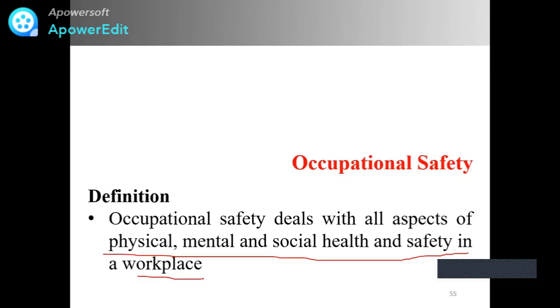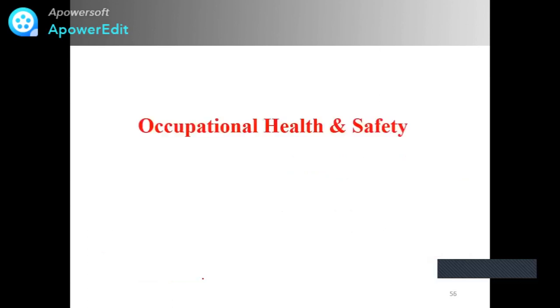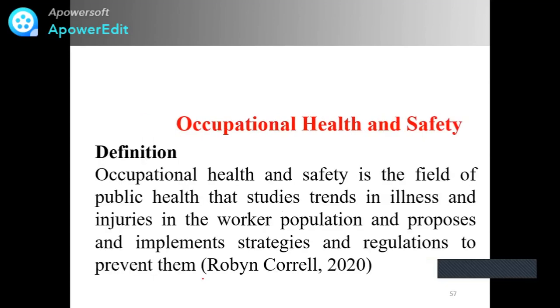Okay, that is occupational safety. Then the topic is occupational health and safety. Most of the time, occupational health and safety is the term used by scholars and practitioners to explain the health and safety relating to the employee.